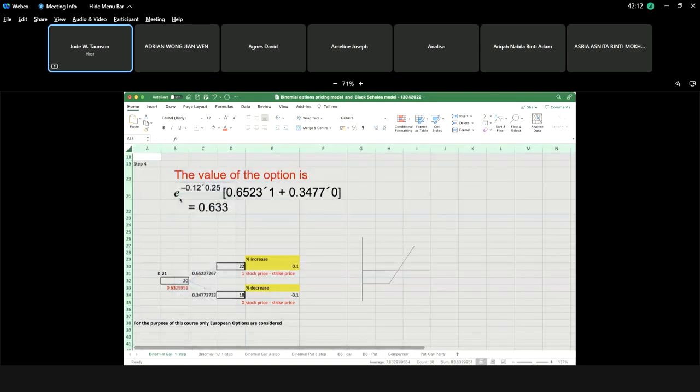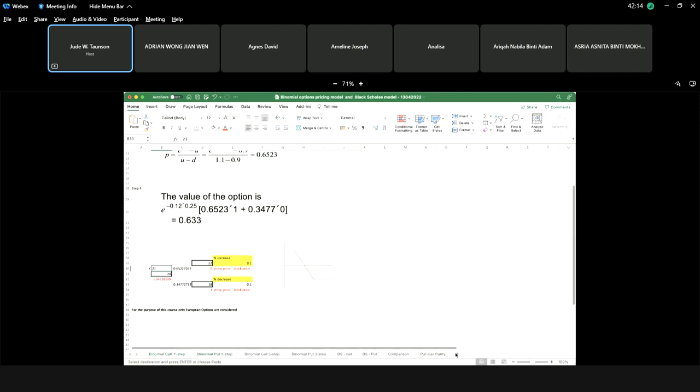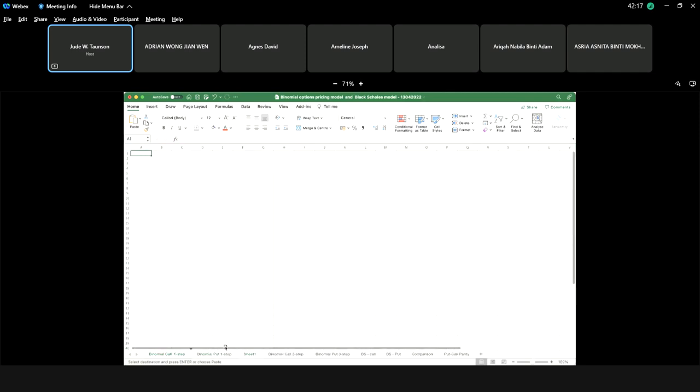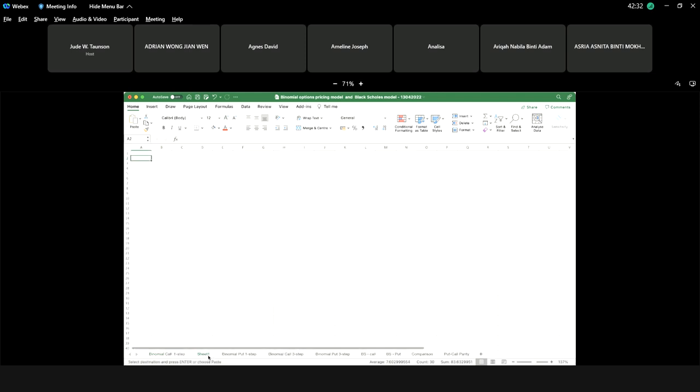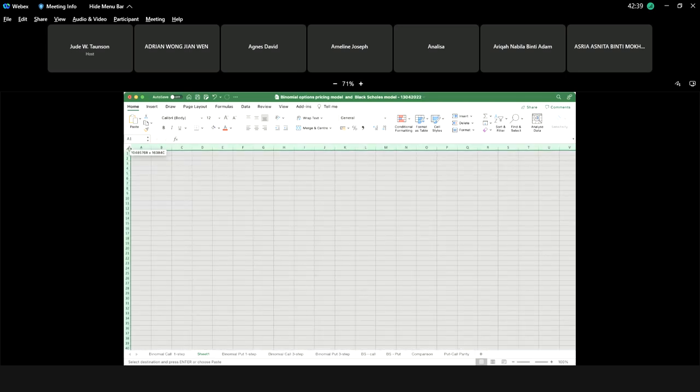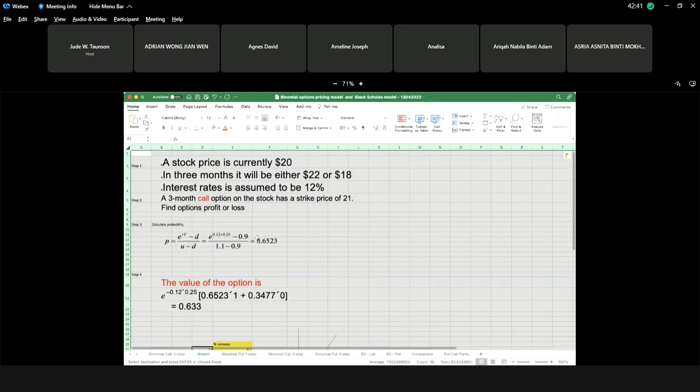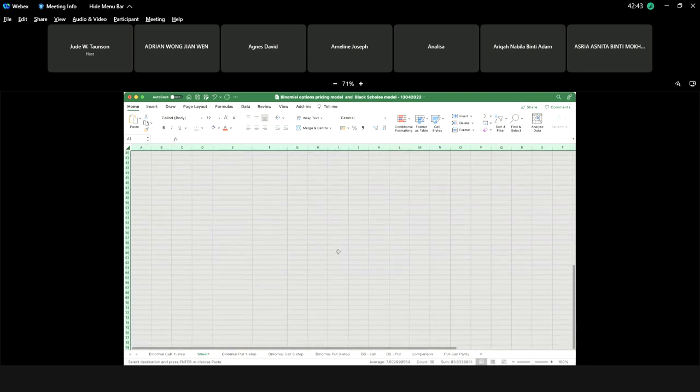Then I put another sheet here so that we can do it together, so that if there's any mistake, we can refer again.